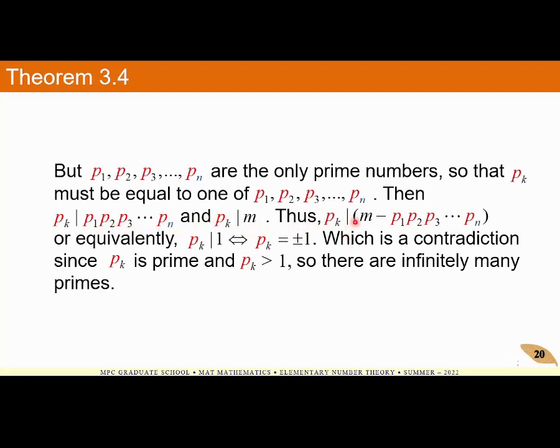Thus, p_k divides the quantity m minus the product of p_1, p_2, p_3 up to p_n, or equivalently, p_k divides 1. This holds if and only if p_k is equal to positive or negative 1, which is a contradiction since p_k is a prime and p_k is greater than 1. So, there are infinitely many primes. End of proof.